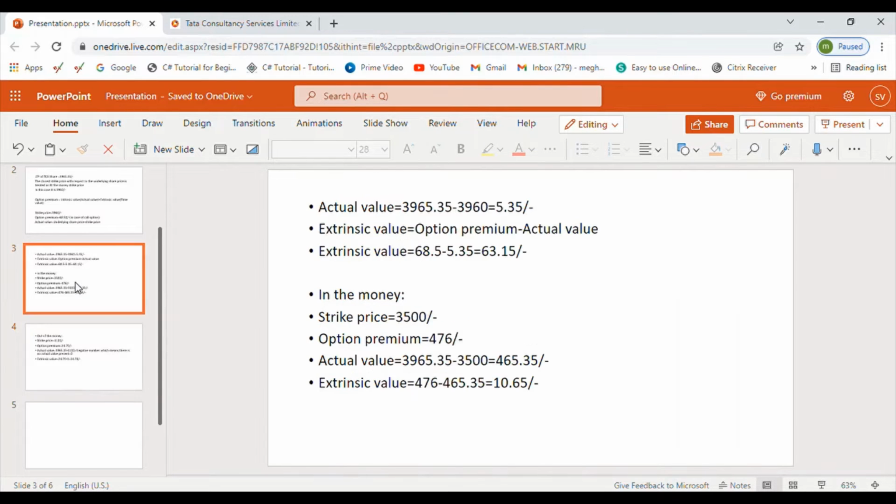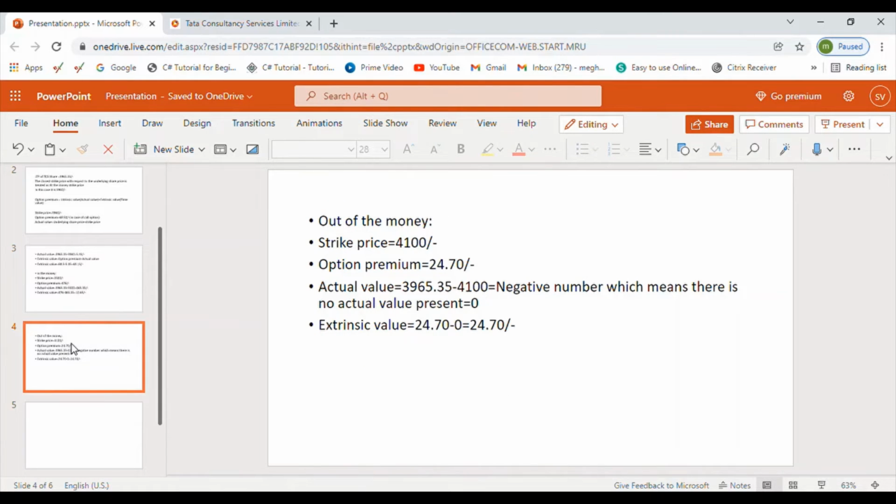How it plays out, we'll see in upcoming chapters, but for now, the more in the money we play, the more real value it has. The more out of the money we go, there is no value present at all. So it's all about time value that we are trading on. So the higher the risk we take when we go for out of the money options. Okay, so that's about it.